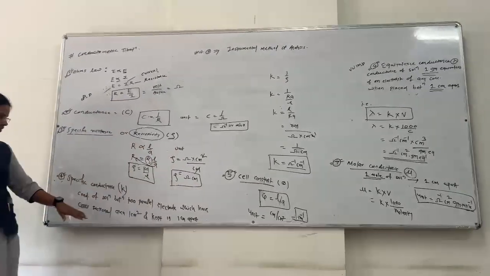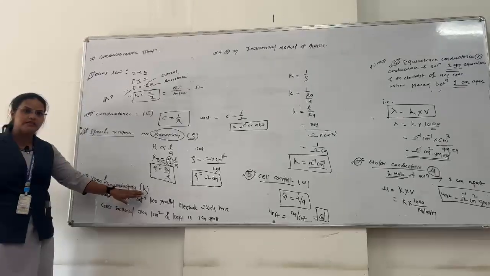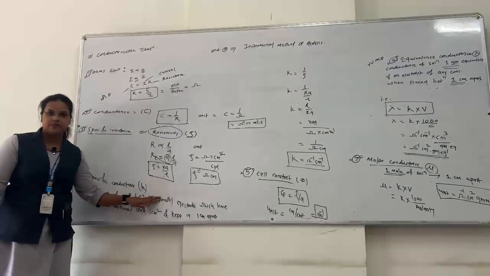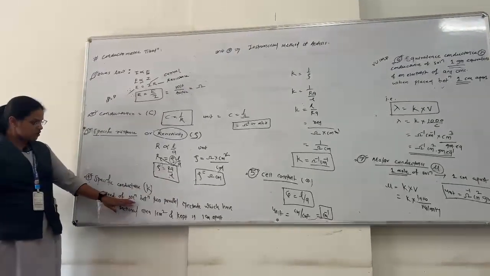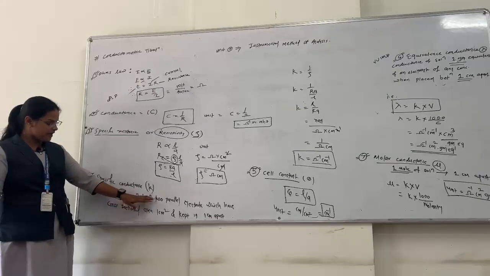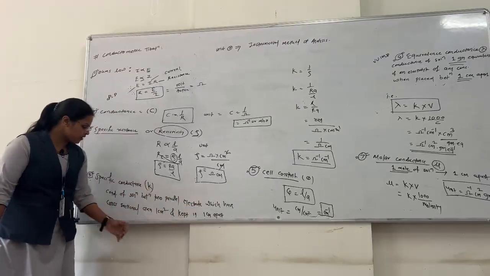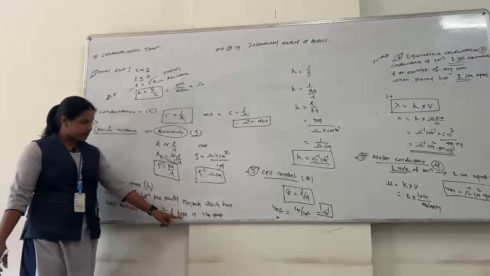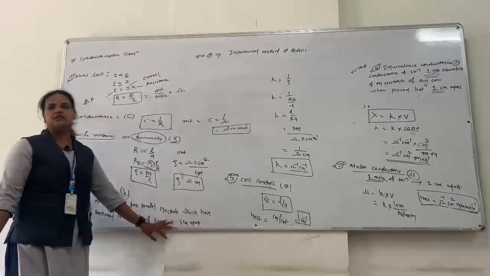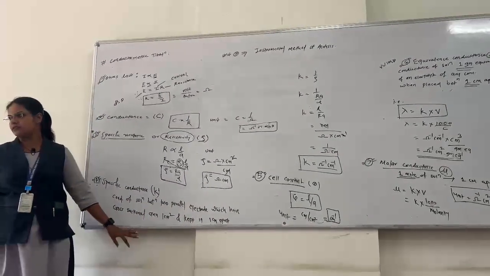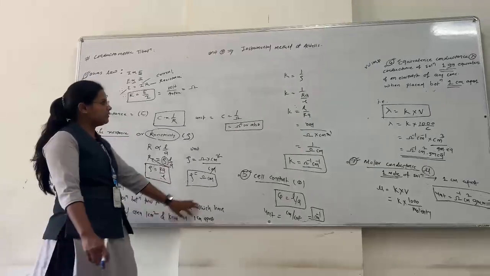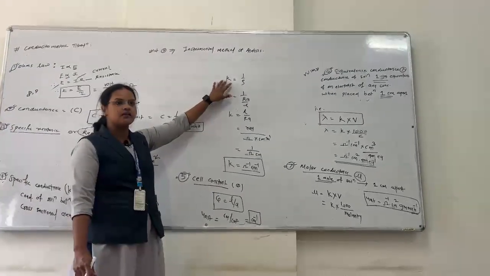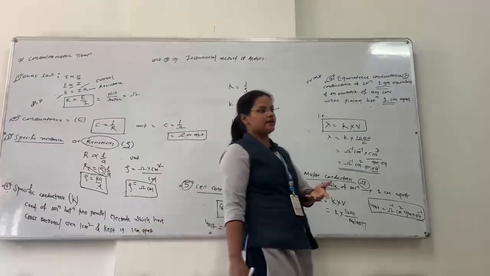Next definition is specific conductance having the symbol K. What is it? It is the conductance of solution placed between two parallel electrodes which have a cross sectional area of 1 centimeter square and are kept 1 centimeter apart. That is the definition for specific conductance. It can be represented as: K, specific conductance, is the reciprocal of specific resistance.